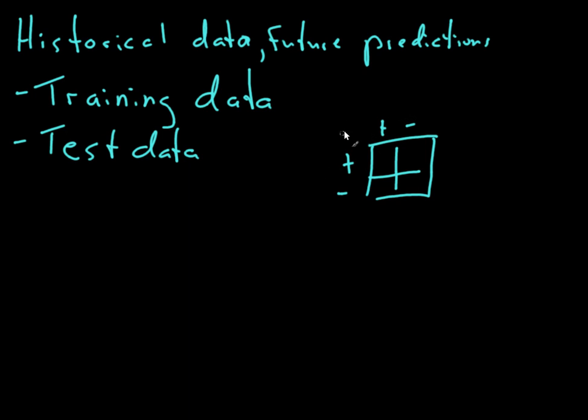And when it gets it correct, we have our true positive or true negative, and when it gets it wrong, we go in these other boxes.